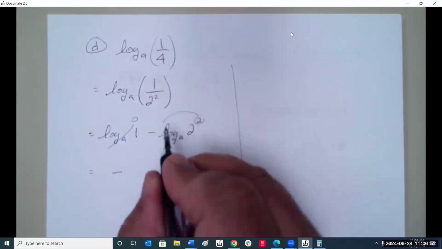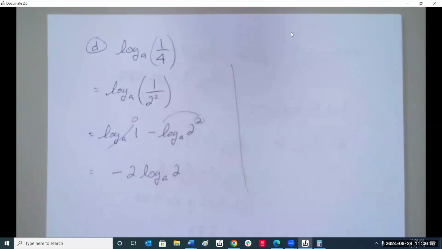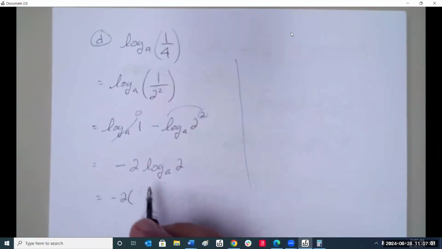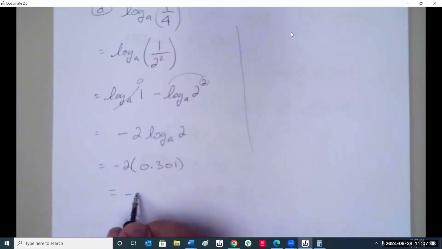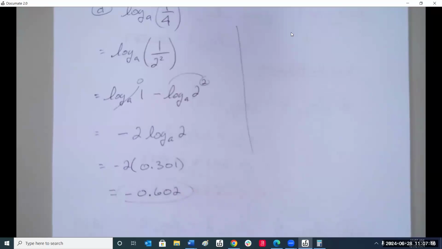And the 2 comes out in front. So we get -2 times 0.301, which is -0.602. That's one way of doing it.